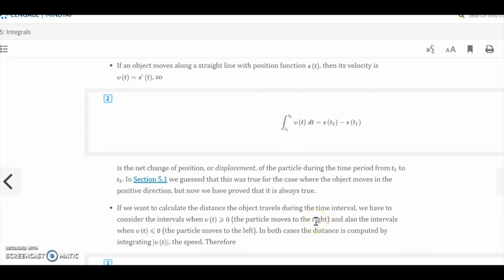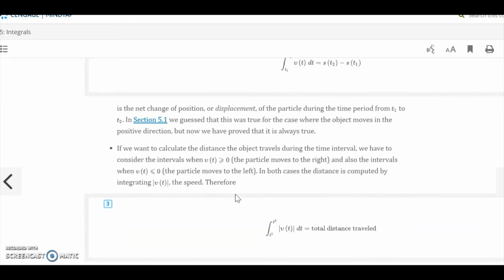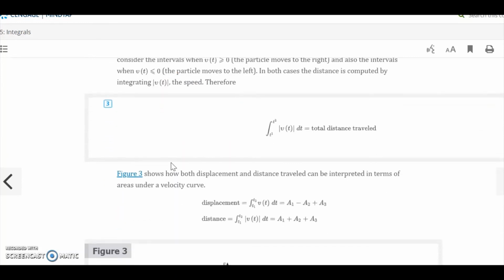Because remember, when you're graphing, if it's above the x-axis, it's positive, and if it's below, it's negative. So we want to make everything below positive as well, because we want to know the total distance traveled. So pretty much you're looking at the absolute value of the function. Right here, for total distance traveled, we're looking at the absolute value of the function.